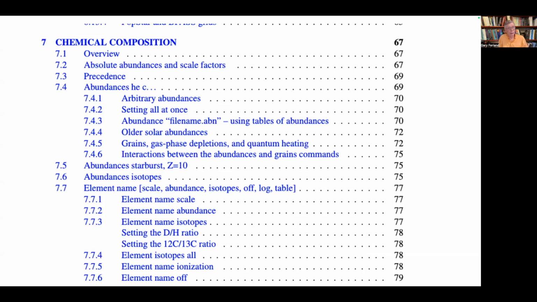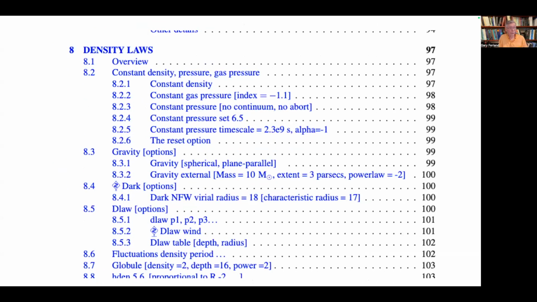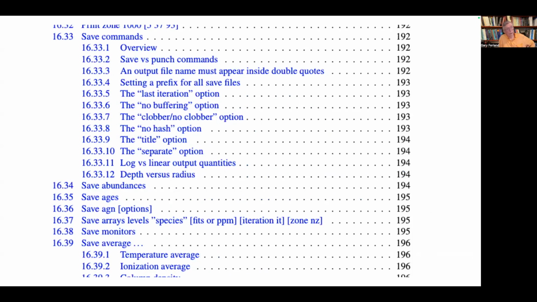Many different abundance sets are saved, and it's very, very simple to specify your own composition. Density law is that the code will do a constant density calculation if you don't say anything else. You can do constant pressure, you can do magnetostatic, you can do radiation hydrodynamics. So there's many different laws that can be used.